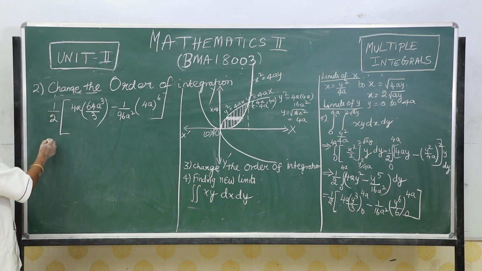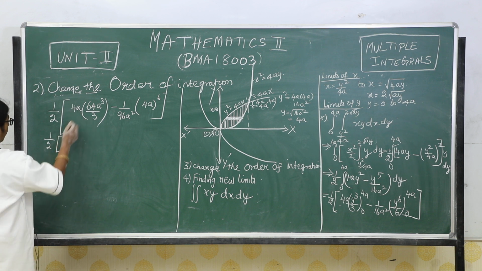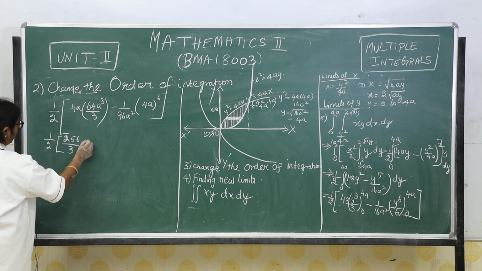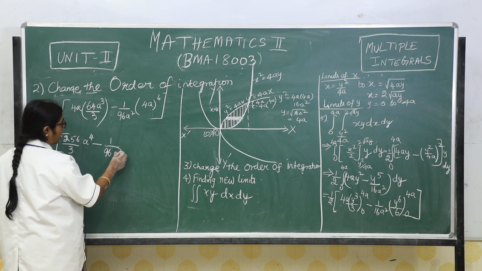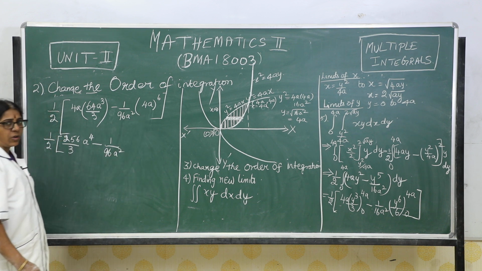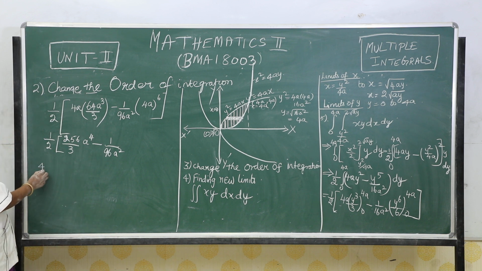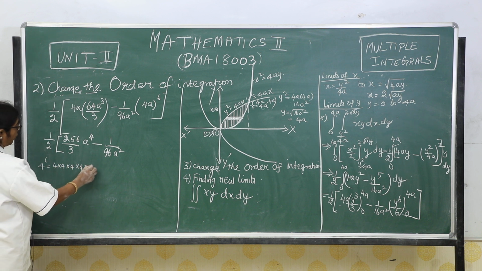Lower limit of course becomes 0. Half into 4 into 64, 256 divided by 3 into a power 4, minus 1 by 96a squared, 4 into 4 into 4 multiplied by 6 times. You can do that, 4 into 4 into 4 into 4 into 4 into 4.